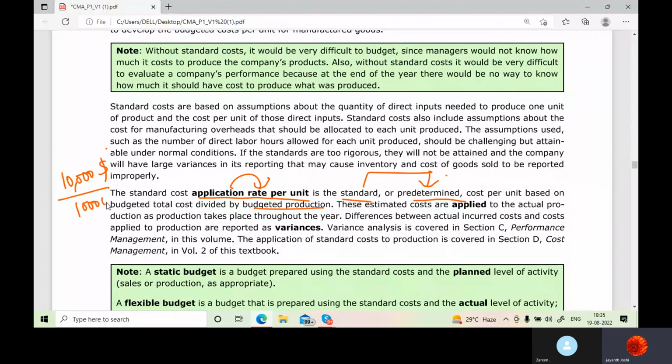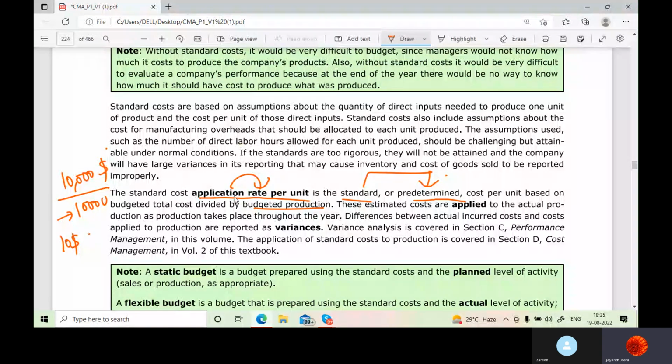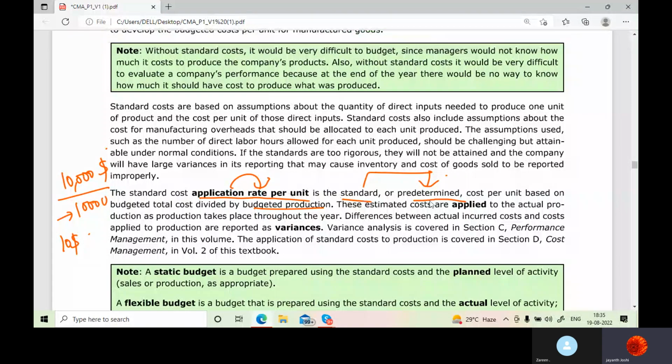Okay, so what is my application rate per unit? So my input would be this for some output, correct? So my application rate per unit will be $10.